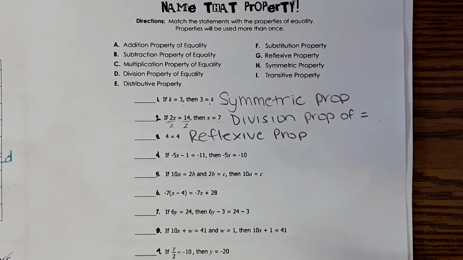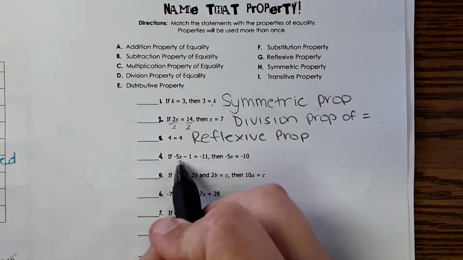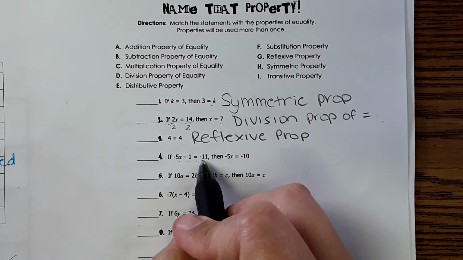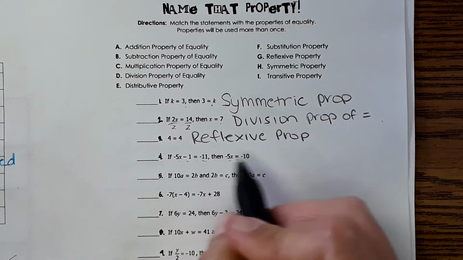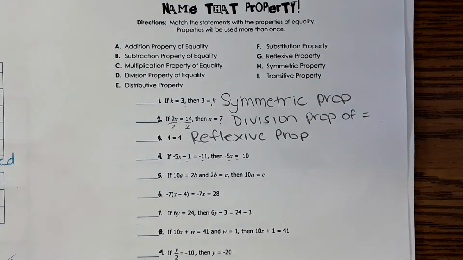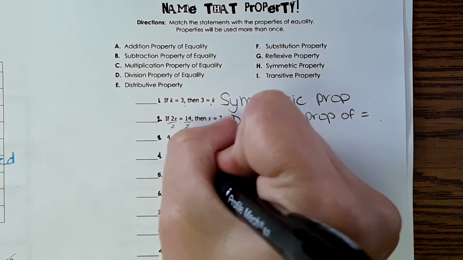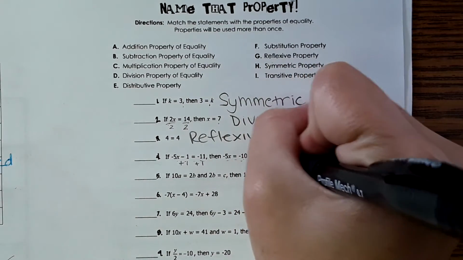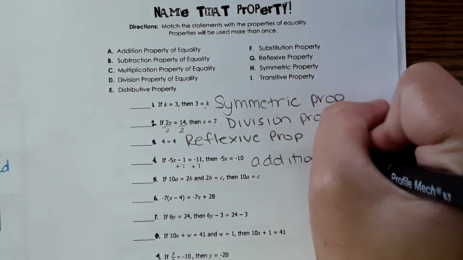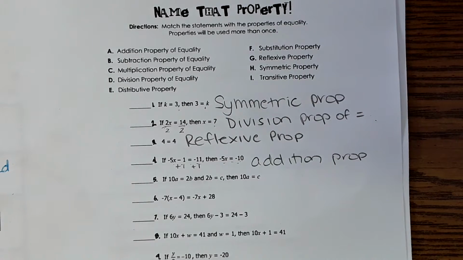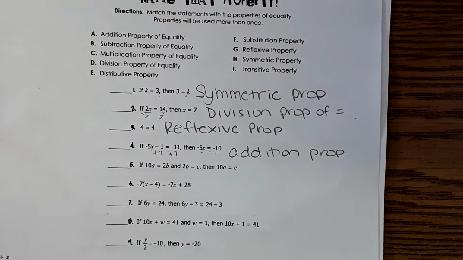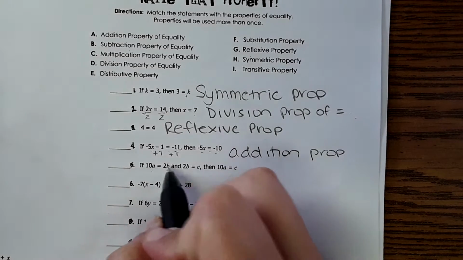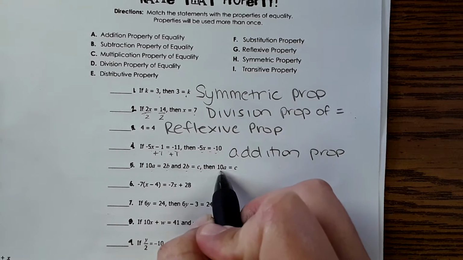Number 4, we have this expression here, negative 5x minus 1 equals negative 11. Then negative 5x equals negative 10. So what did they do to get from this one to this one? They added 1 to both sides, so that would be addition property. Then next, we have 10a equals 2b, 2b equals c, then 10a equals c.